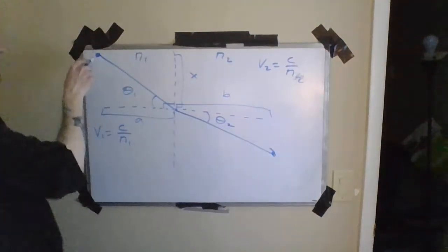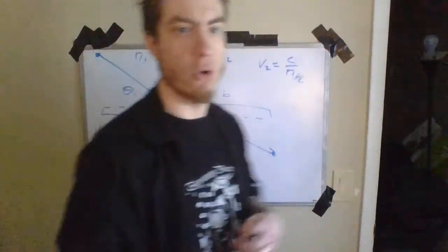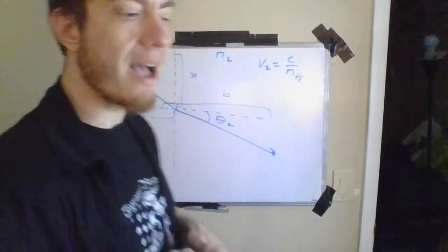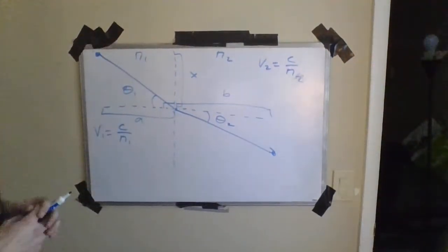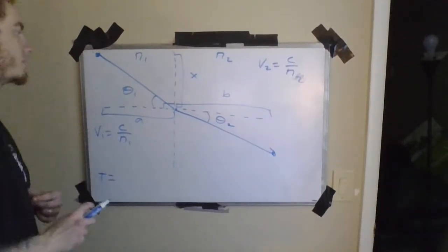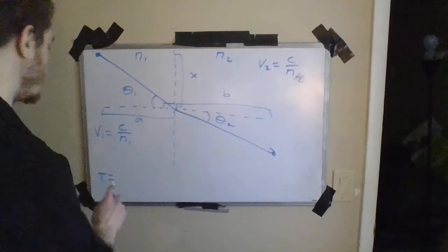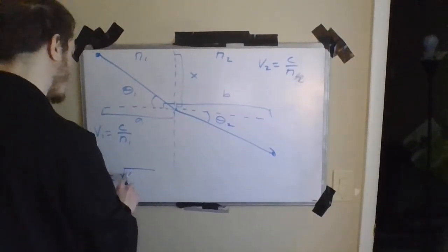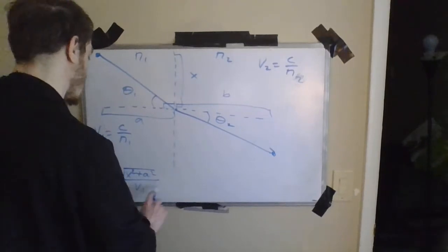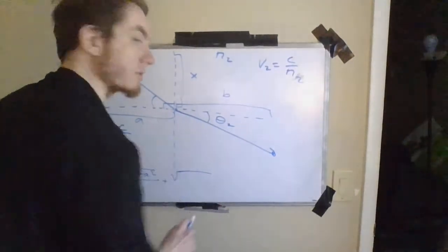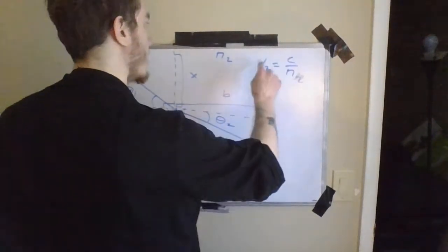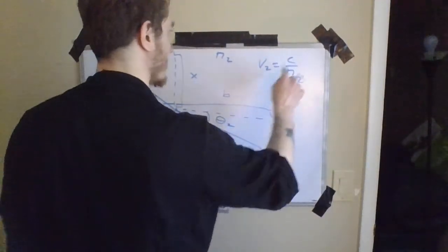So assuming that we start here, go through here, and come over to here, what is the total time going to be that we take? Well, the total time is going to be equal to the square root of x squared plus a squared divided by v1, plus the square root of, I forgot to tell you what this distance is here.